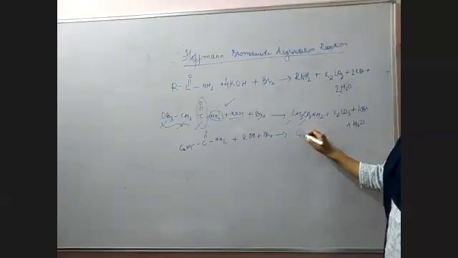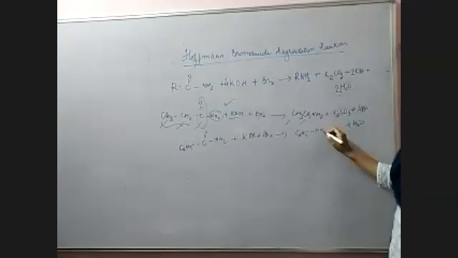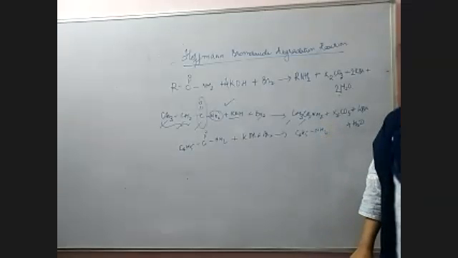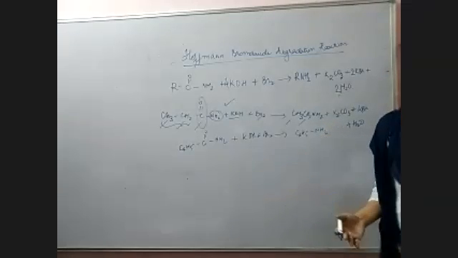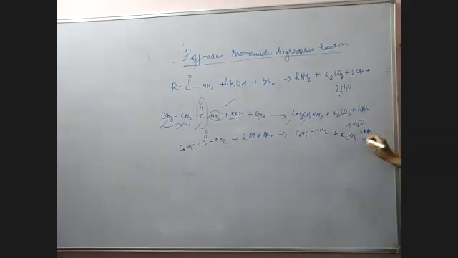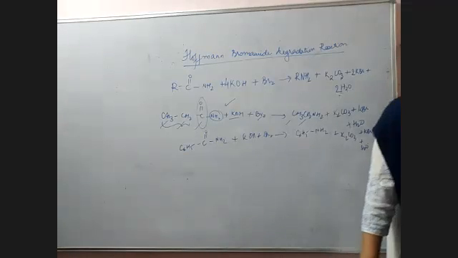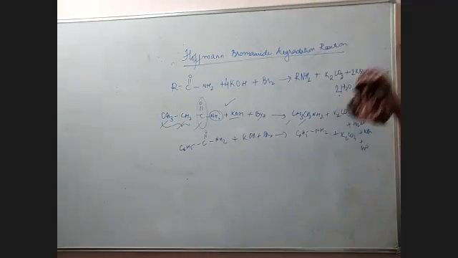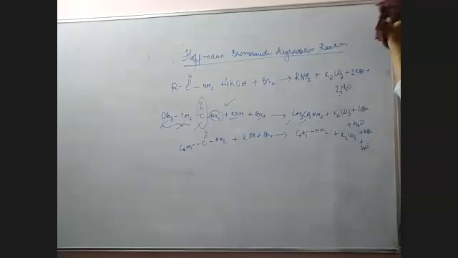You got C6H5NH2. What is the name of the product? Benzenamine or aniline. Okay. Complete? Done, everyone? Okay.